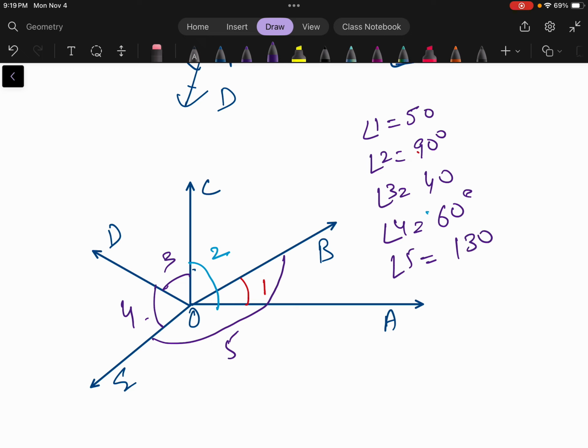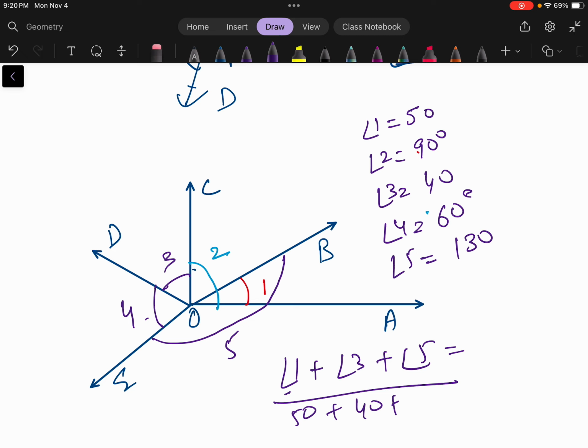So tell me the sum of angle 1 plus angle 3 plus angle 5. What will be the sum of that? Angle 1 is 50, angle 3 is 40, and angle 5 is 130. So the total sum, 50 plus 40 is 90, 90 plus 130 is 220. So the sum is 220.